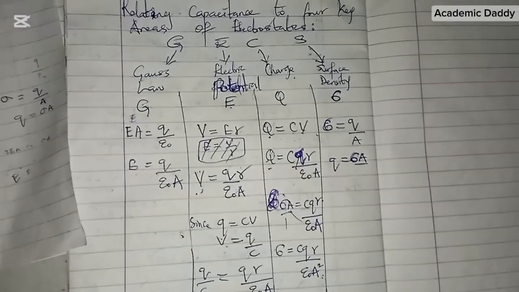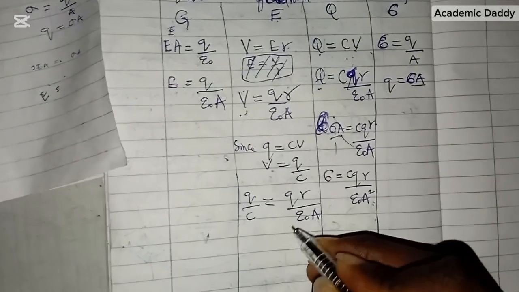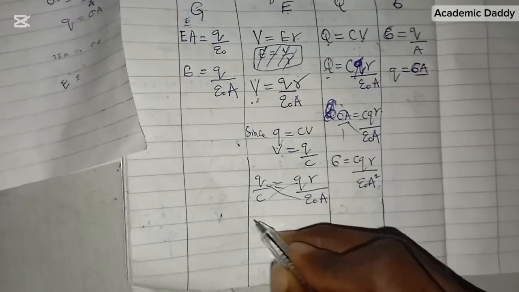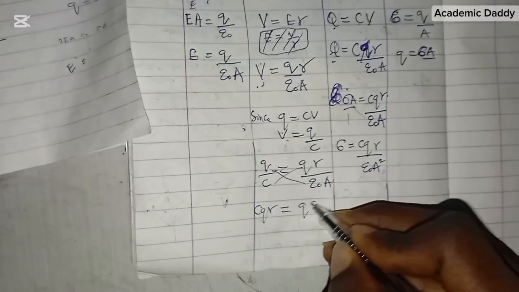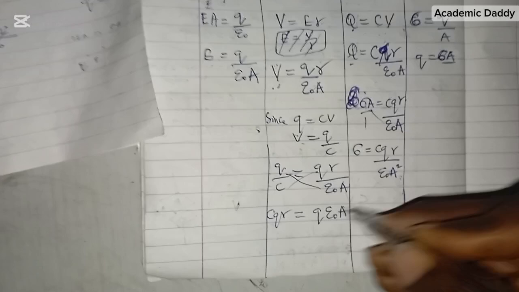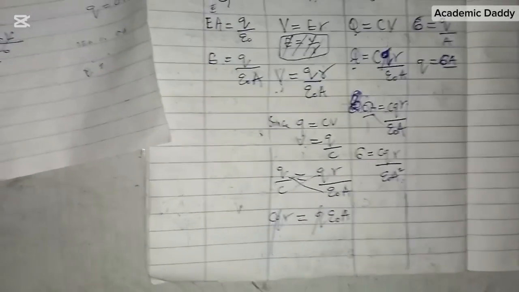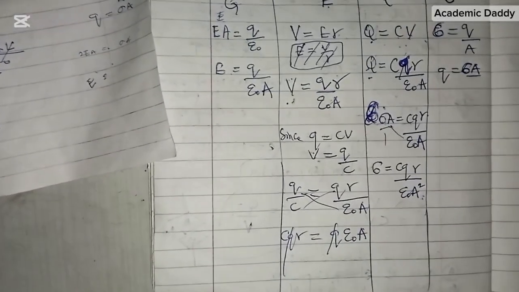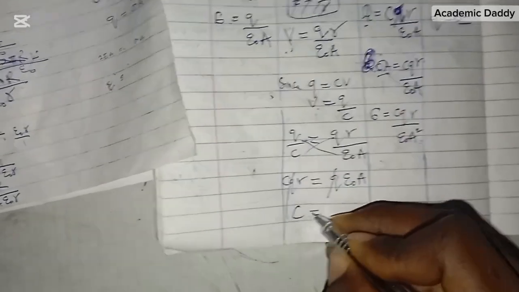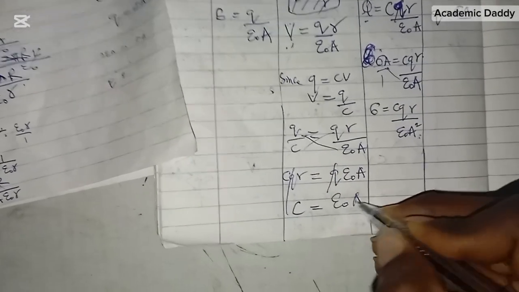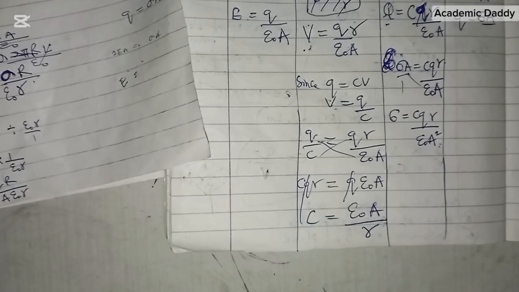Capacitance. I can now cross multiply, so I have CQR equals QE naught A. The Q's take care of the Q's. So I divide both sides by R. C equals E naught A all over R.